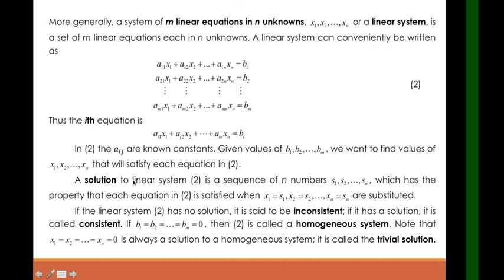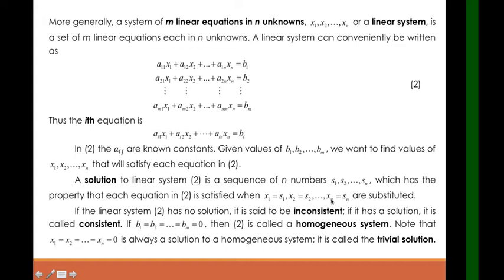Now, a solution to linear system number 2 is a sequence of n numbers, s sub 1, s sub 2, ellipses up to s sub n, which has the property that each equation in number 2 is satisfied when x sub 1 is equal to s sub 1, x sub 2 is equal to s sub 2, and ellipses up to x sub n equals s sub n are substituted.